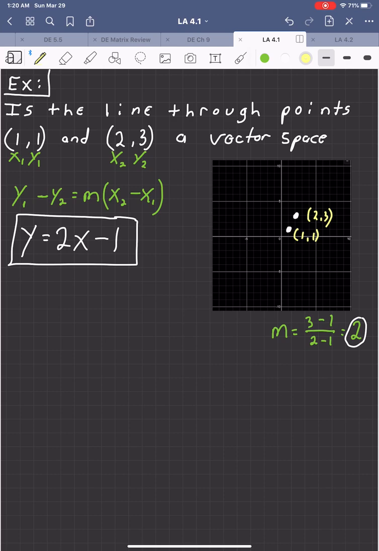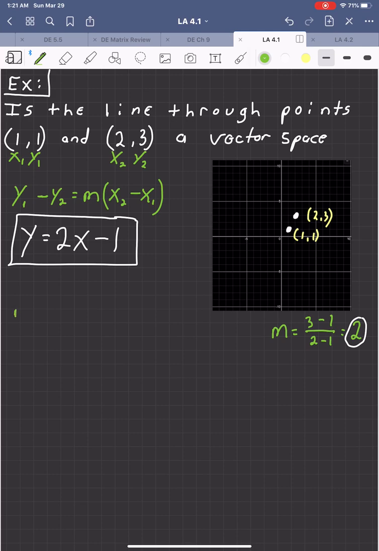I'm going to start with the harder way of showing that this is not a vector space. And then I'm going to come back to something I said just a few minutes ago, that where I always start is the zero vector.